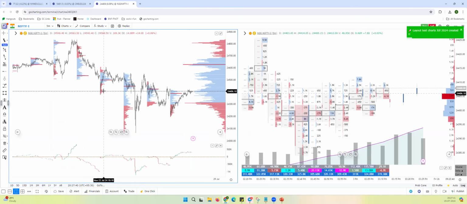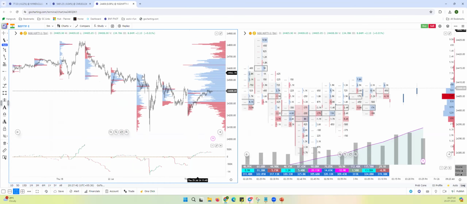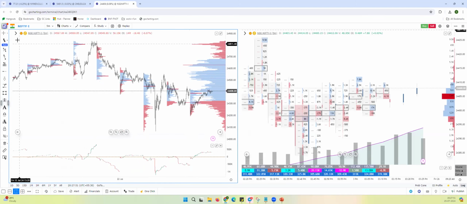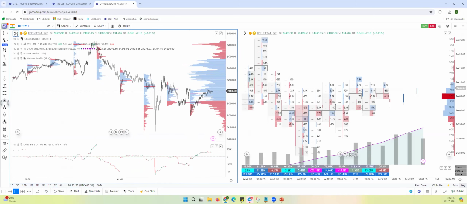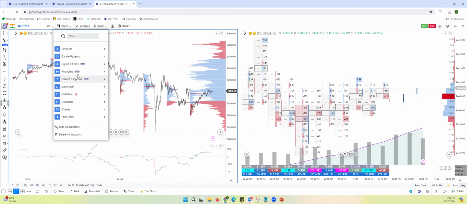Okay, so this is Nifty. What I'll do is first of all show you how to quickly set up the volume profile charts. You can add the indicators from here, and then you can also select the chart type from here.